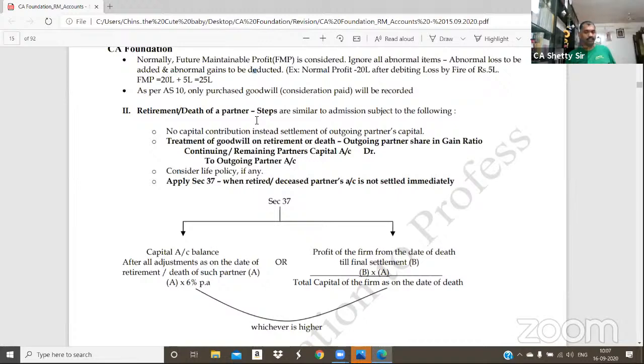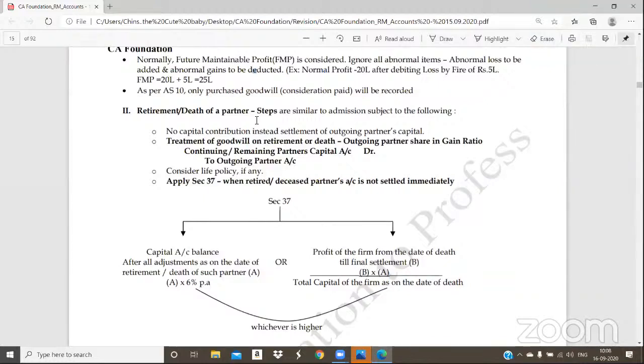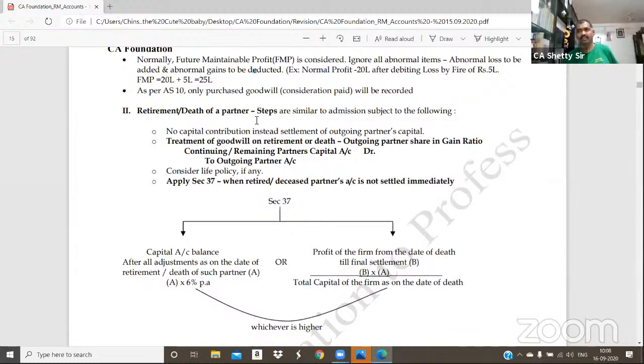Number 2, in case of death, the amount is compulsorily transferred to the deceased partner's executor's account, which may be continued as it is (that itself is a loan account).